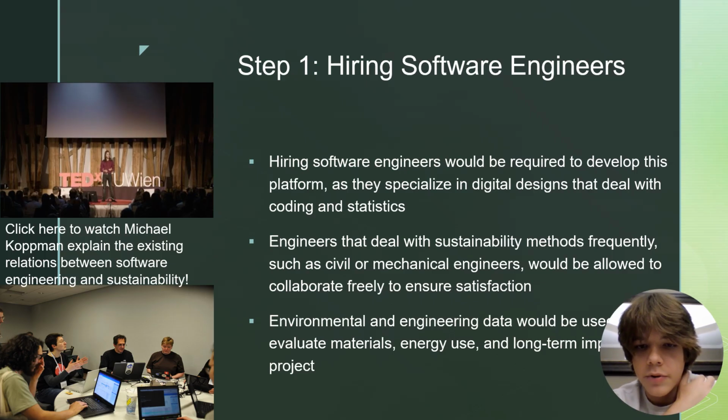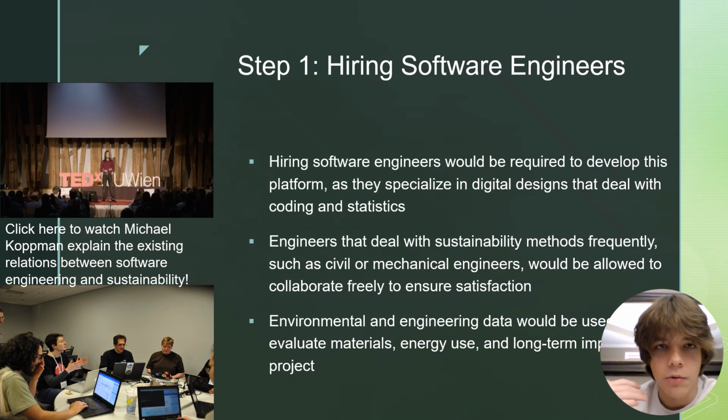Engineers that deal with sustainability, especially those in construction, civic engineering, or architectural or mechanical, they'd be allowed to collaborate with these software engineers, make sure that they're going in the right steps to understand what they really need on the workplace. Environmental and engineering data would be used just to make sure that materials, energy use, and long-term impacts are being recorded.